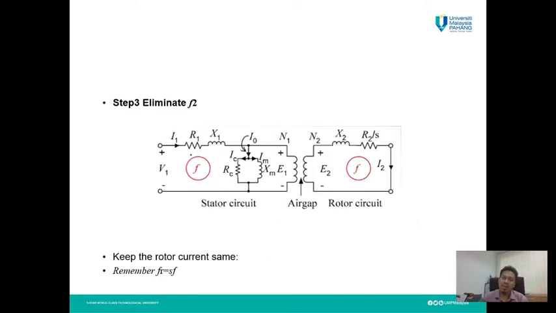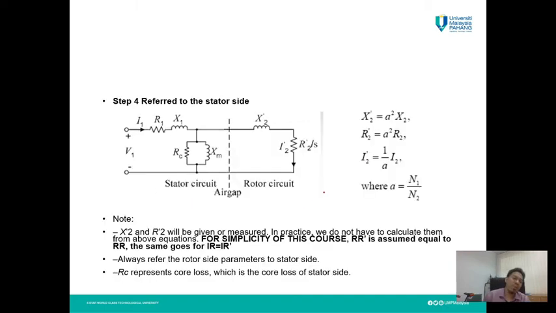Then step yang ketiga, we need to eliminate F2, because the frequency at the stator and the frequency at the rotor are different, so we need to eliminate it. Step 4, refer to the stator side. Refer to the stator side means refer to primary, so all the parameters at the rotor move to the stator circuit side.